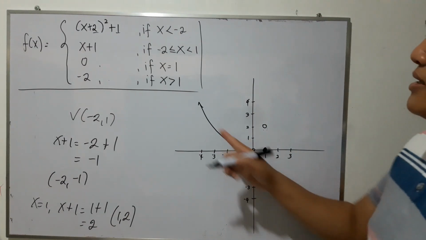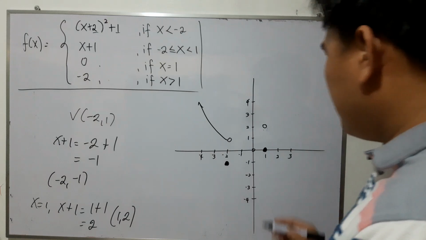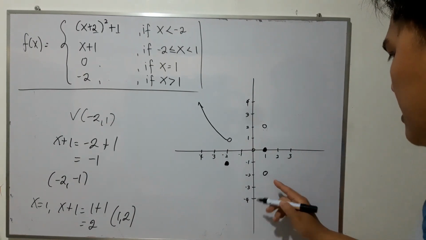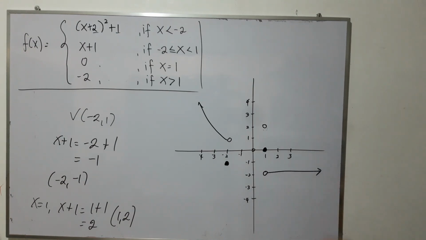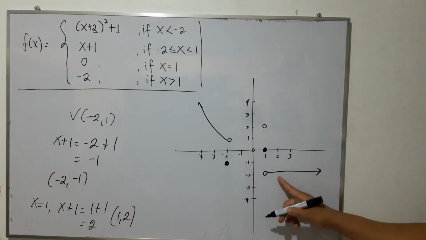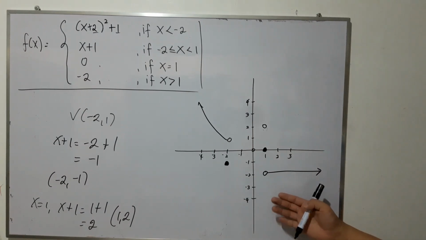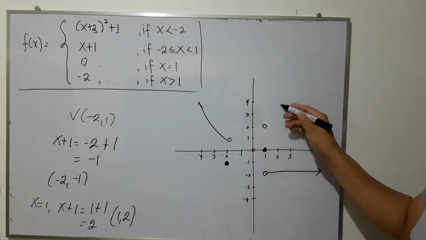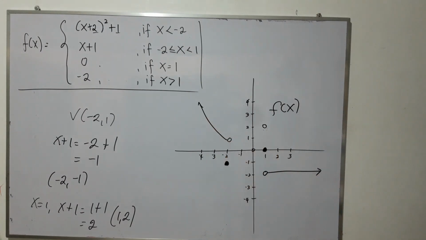And then if x is greater than 1, f of x is negative 2. So always negative 2. So this is not part of the graph, and then only this. So it's negative 2 for x greater than 1. So this is now the graph of f of x.